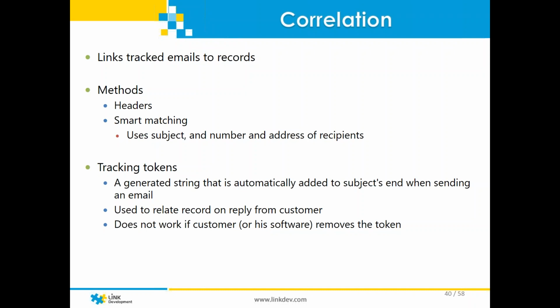It's a string that's added to the end of the subject when it's sending the email. When the customer replies, this token is preserved. The email account only adds the letters RE at the start, so it knows that this originated from CRM, and it's a reply to certain messages. It searches the messages for this token.